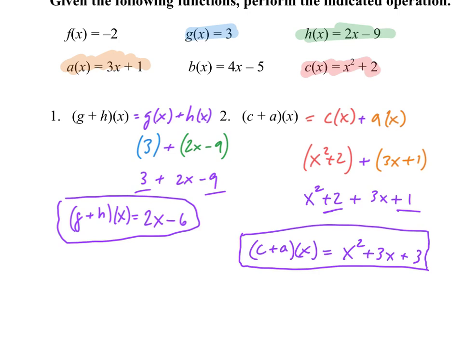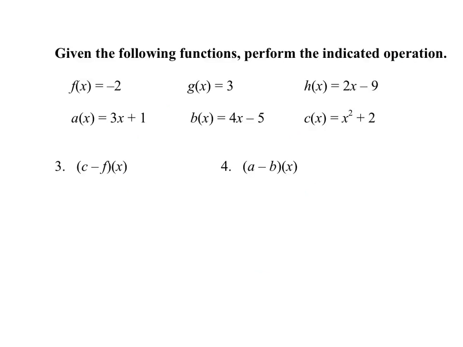We're going to do a couple more examples from this same group of functions. So here we have some subtraction. So again, this first one says c minus f of x. So looking up here at what c is and what f is, what does c minus f mean?